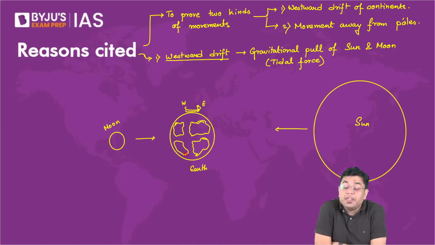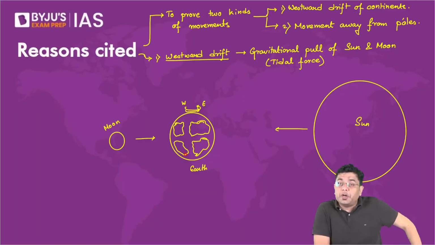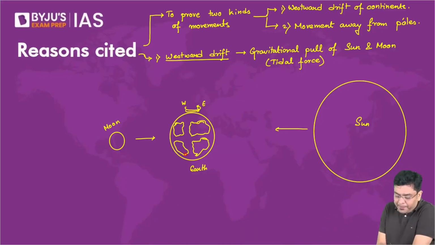If the gravitational pull of the moon were that strong, the entire planet Earth would have stopped rotating within 50,000 years itself. But the planet has been rotating for 4.5 billion years and counting. So obviously, this reason was incorrect. So here, this was the reason. And what is it that he cited?